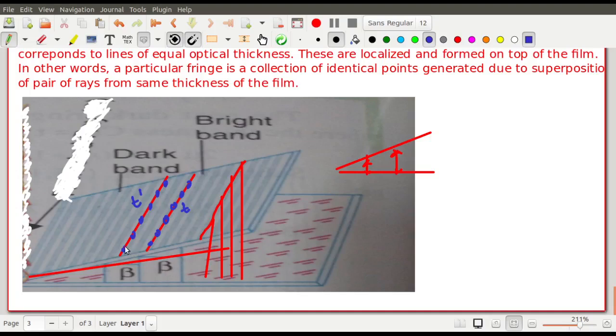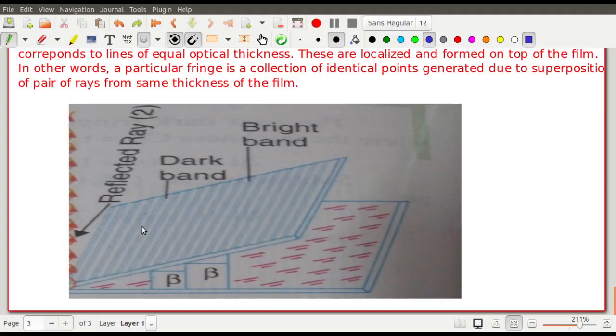So the interference of the rays responsible for these points is generated from the same thickness, right? And that is why the fringes over here are straight line fringes.